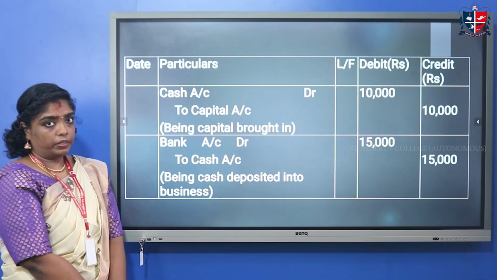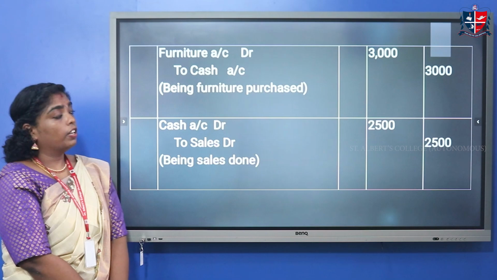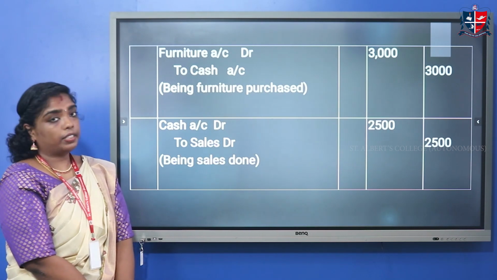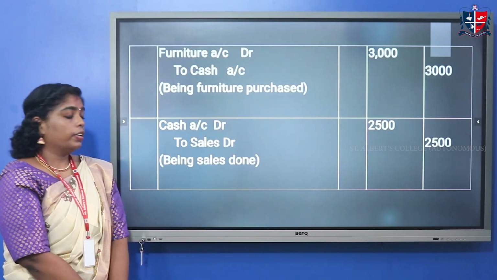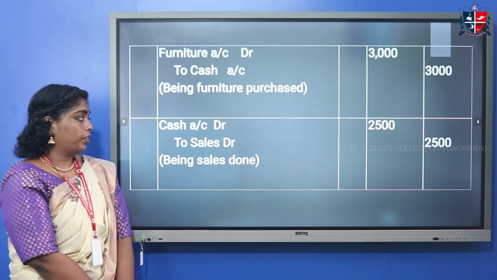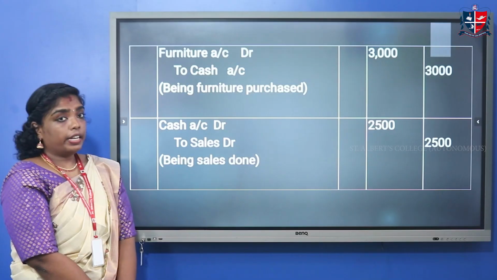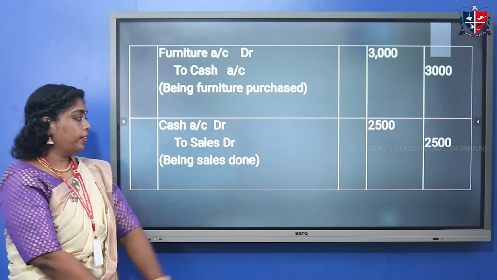That is cash deposited into bank. Next one is furniture purchase. That is furniture account debited to cash account rupees 3,000. Next one, sales done. Cash account debited to sales account, amount is rupees 2,500. Narration is being sales done.